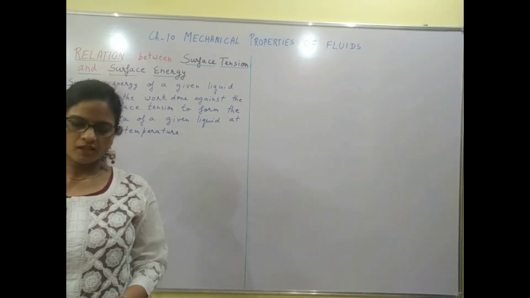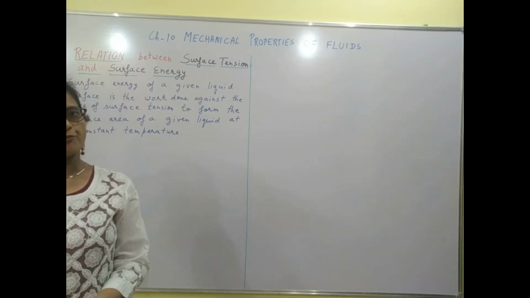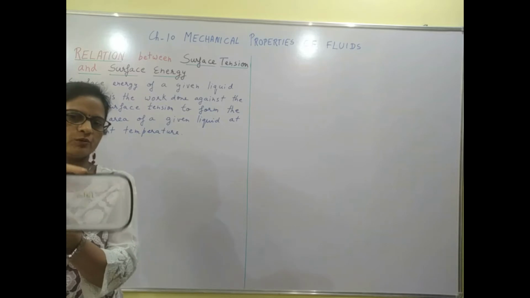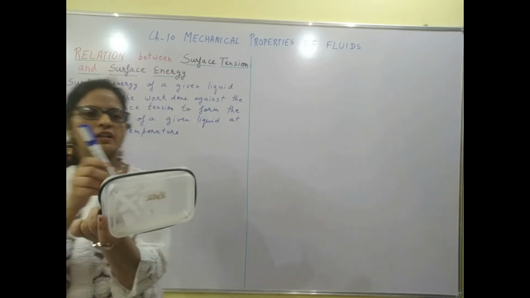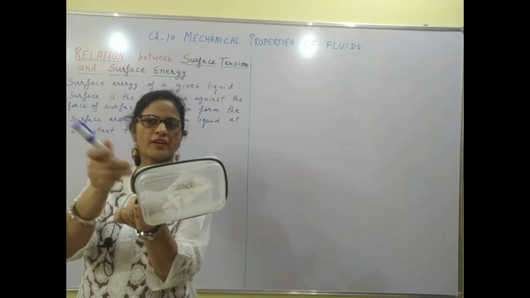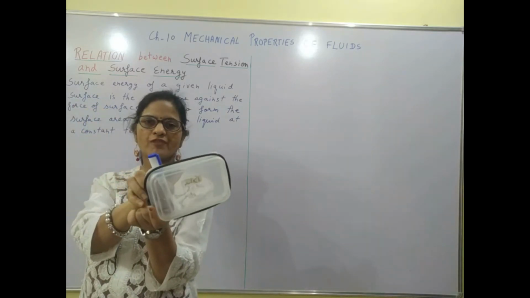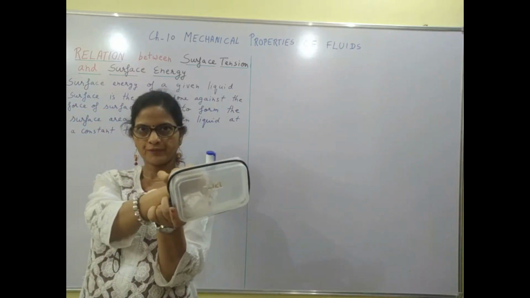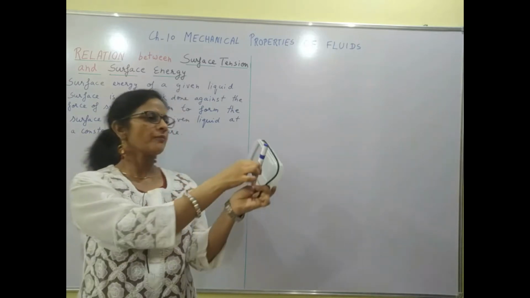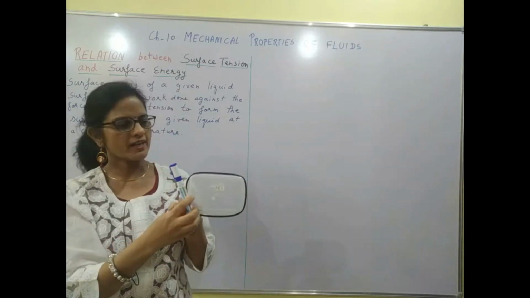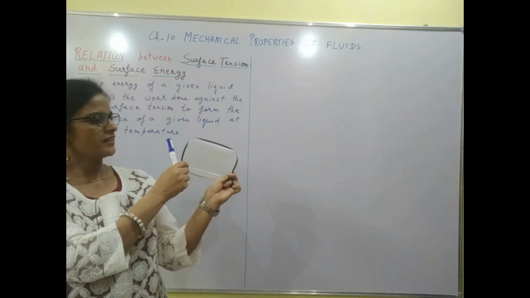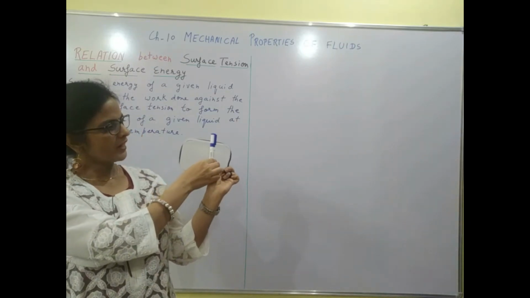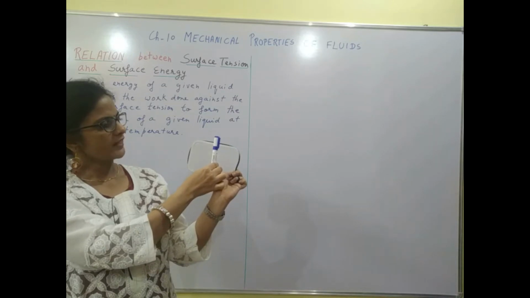Now for this, we need to consider a wire loop. Suppose this is your wire loop, a U-shaped wire loop, and the fourth arm of this wire loop is movable, right? From your side, this is the movable arm, so it can move like this.